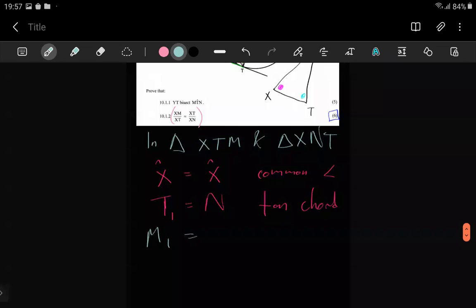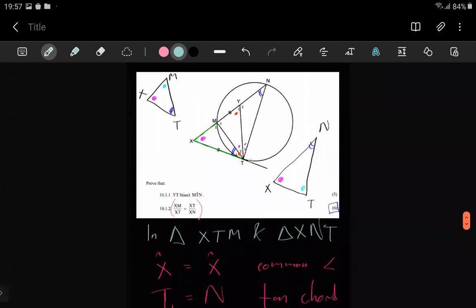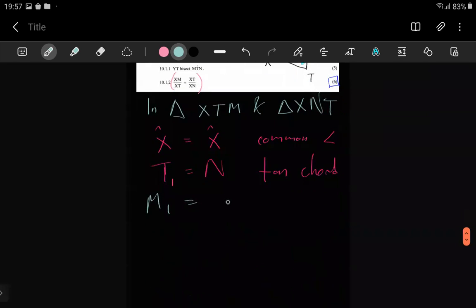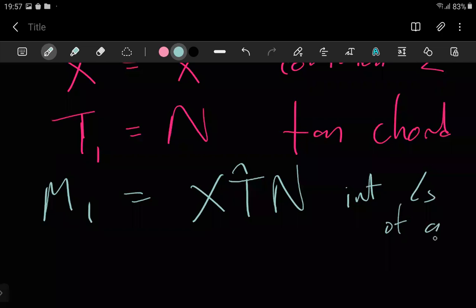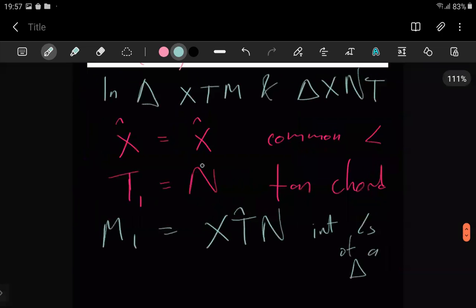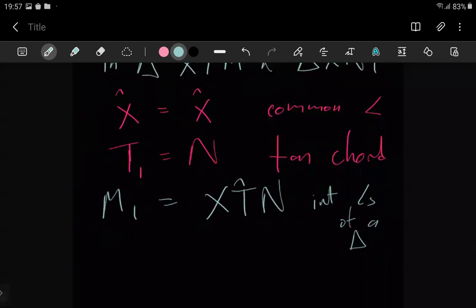We don't have to call it T1 plus T2 plus T3, because we're trying to name the whole angle as an angle. So here XTN, these are equal. We know that they're equal because of interior angles of a triangle, because the previous two sets of angles are already equal, so the third ones automatically have to be equal.